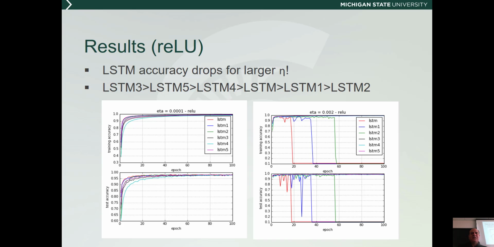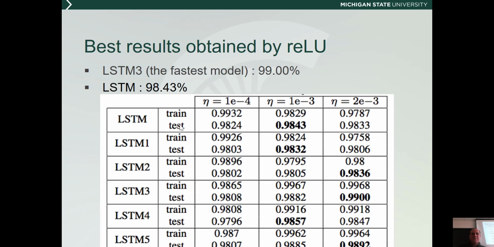So we're just exploring the limit of the parameter range of those things. It tells you that the limit of some may be reached earlier than others, depending on the experiment. For the rectified linear, we have the performance. In this case, one of them, the simplest one, actually the fastest one, performed well versus the LSTM.